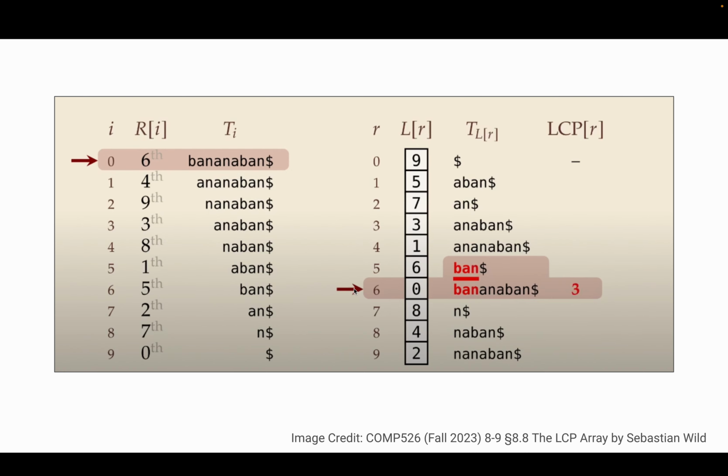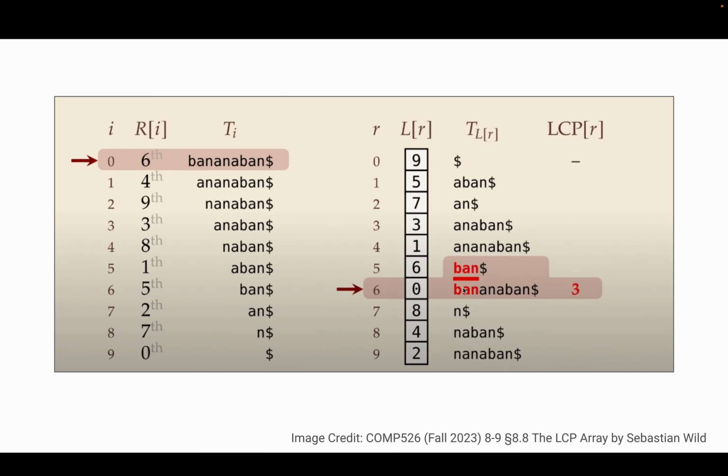Every banana ban is the largest substring that we can have of the string itself. Of course, since it's the first substring, there is no chopping off of indexes in it. So here we have it at index number 6. These are all lexicographically arranged as a suffix array should be.